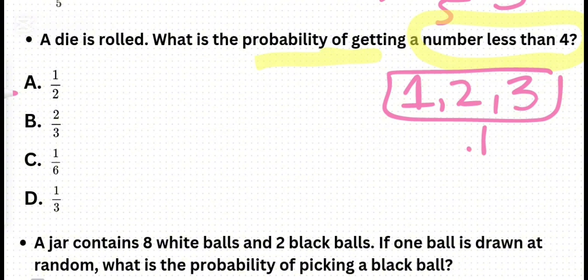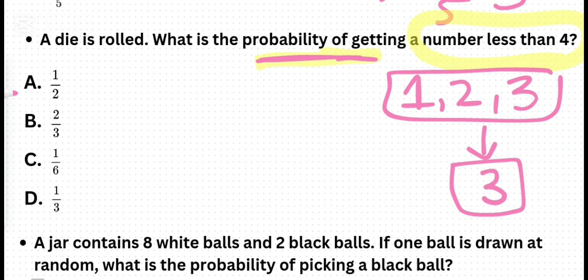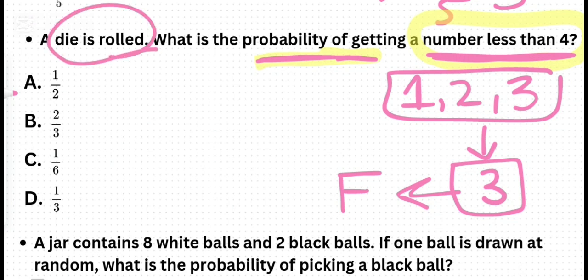There are a total of 3 numbers. So this is the favorable outcome because they are asking what are the chances of a number less than 4. If you know a dice has 6 faces, so 6 is the total outcome.